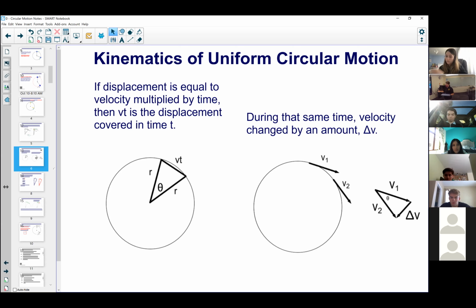Now the delta V doesn't equal VT, and the radius isn't the same as the velocity, but the angle has to be the same. And because the speed is constant, the magnitude of V1 and the magnitude of V2 also have to be the same. So that's also an isosceles triangle. So we have two isosceles triangles with the same angle. That means they are similar triangles.